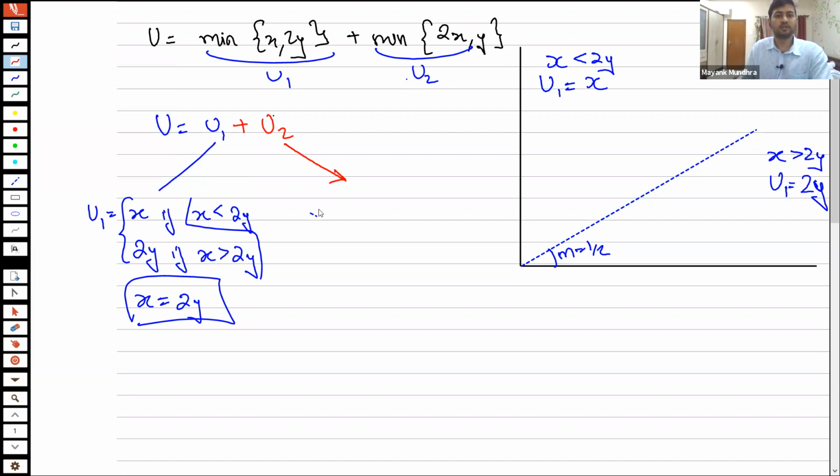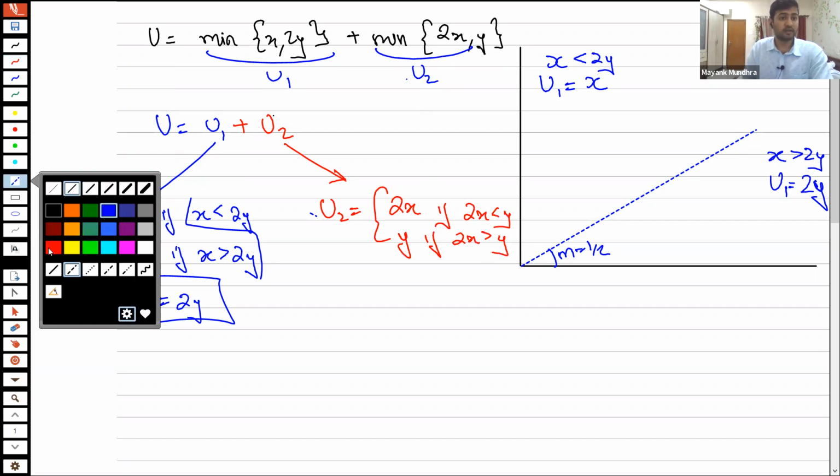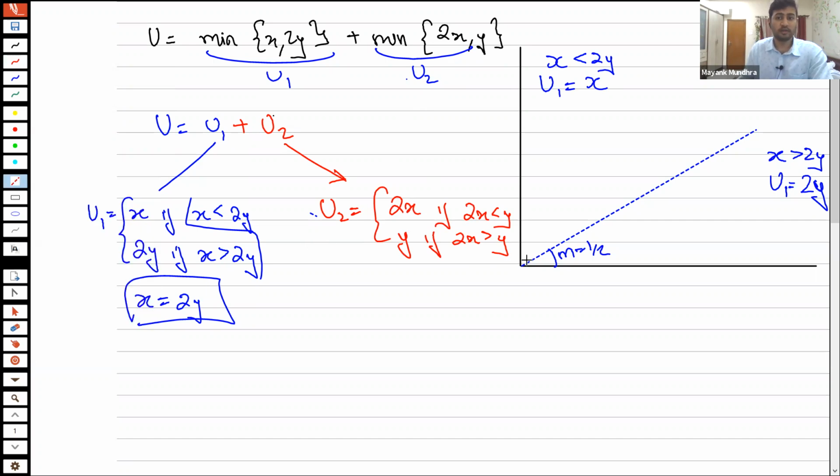Now this function u2 is min of 2x comma y. So this function will be equal to 2x if 2x is less than y, and it will be equal to y if 2x is greater than y. So first of all, I want to draw the function y equals 2x. That would be a function with slope 2, so m equals 2.